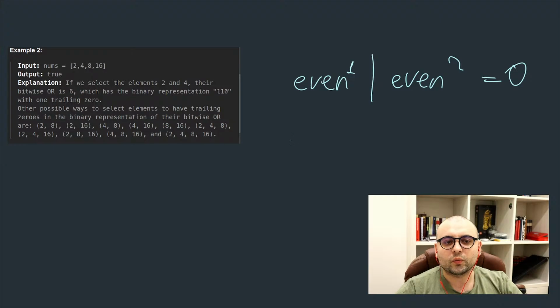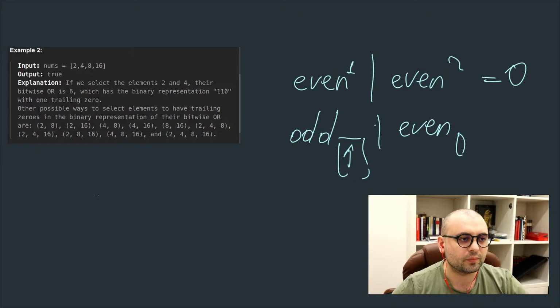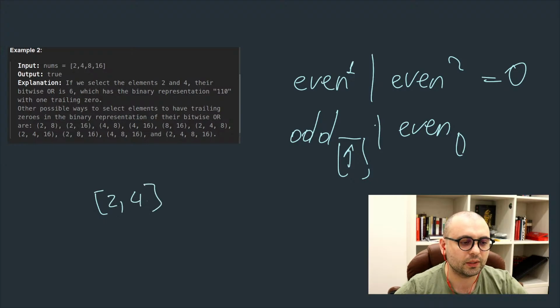If you do bitwise OR with two odd numbers or odd and even, it doesn't matter, because this one will always have a 1 as the last number, and this one will have 0. So 1 or 0 will be 1 in the end, so we do not have a trailing 0. So I guess the simplest possible way is to find two even numbers.